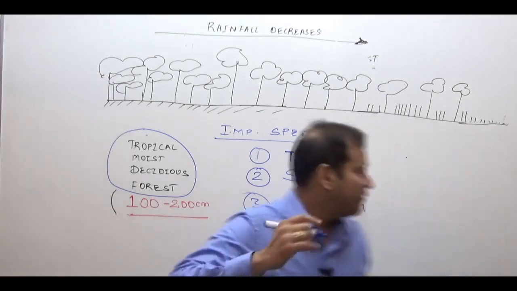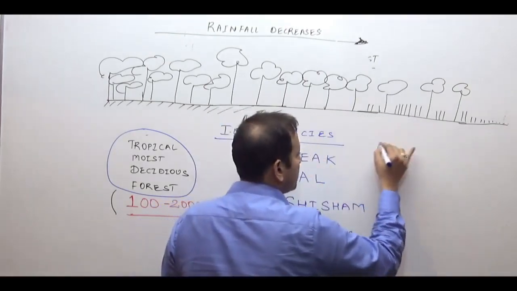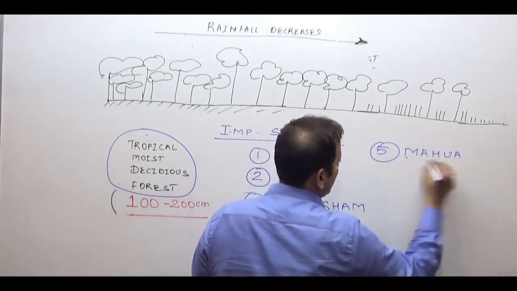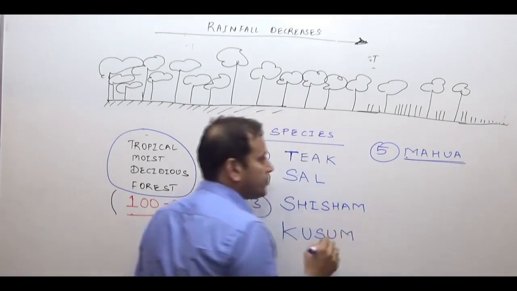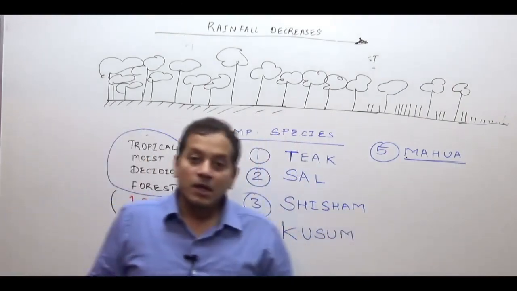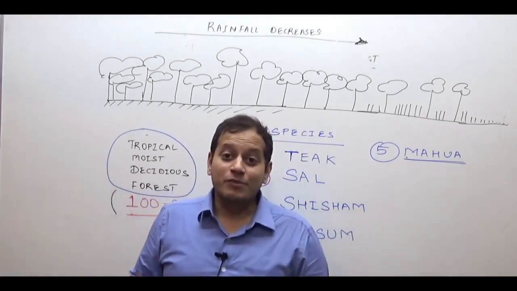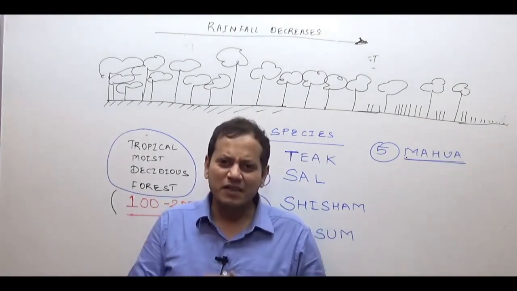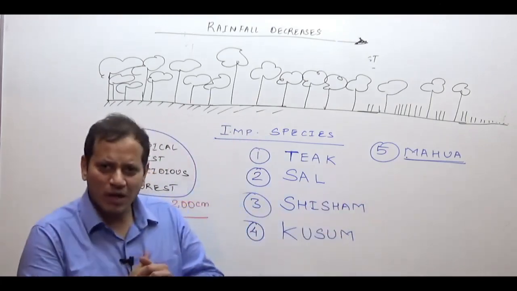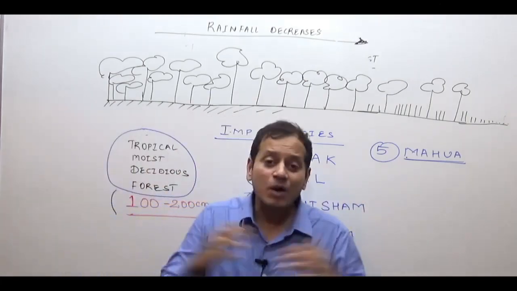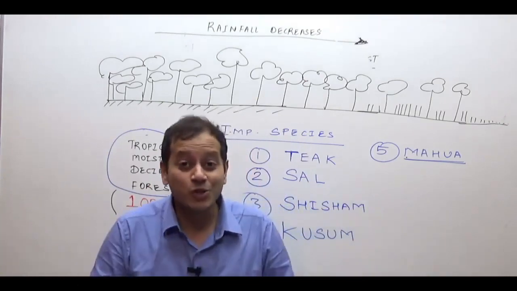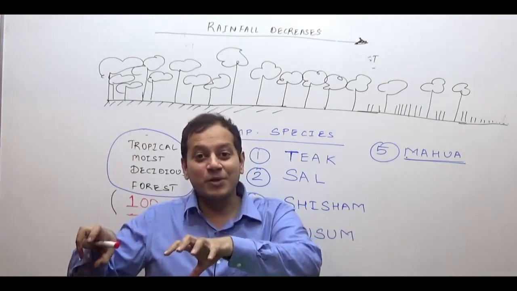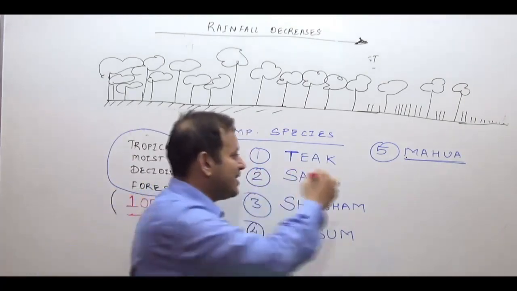Then the fifth important species which is found here is mahua. Why is mahua important? Some kind of a desi liquor is made from mahua, but I won't go into that. So mahua is an important species, and another important species which is found in the southern part of the plateau, in the Karnataka region, is the sandalwood.